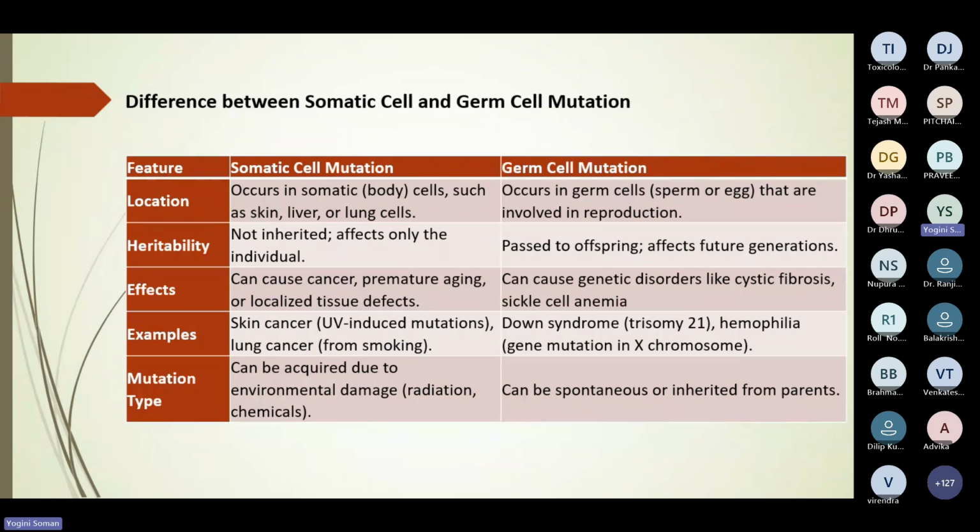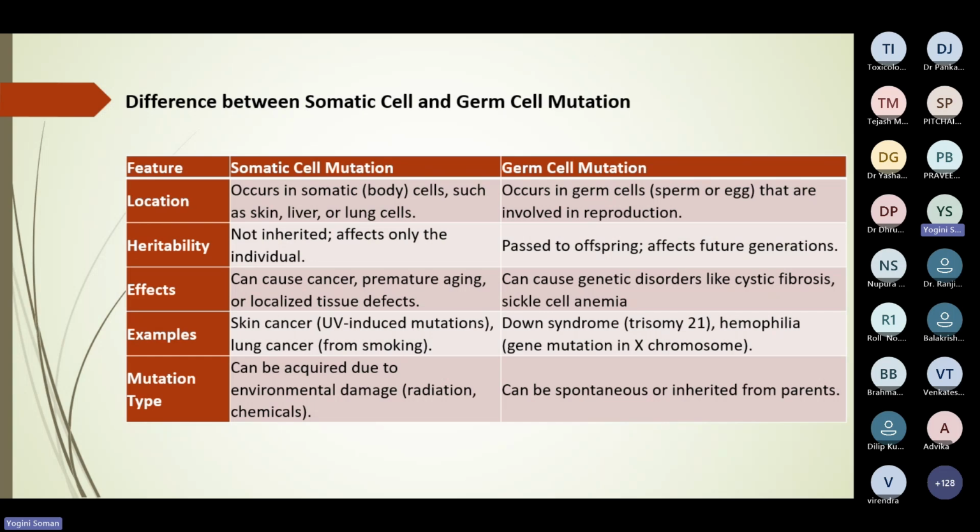Somatic cell mutation occurs in somatic cells such as skin, liver, or lung cells. And germ cell mutation occurs in germ cells that are involved in reproduction, as I said earlier, sperm or egg.